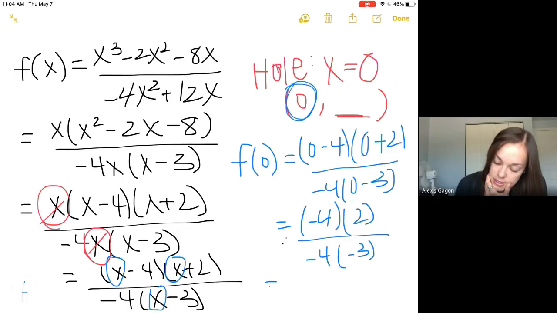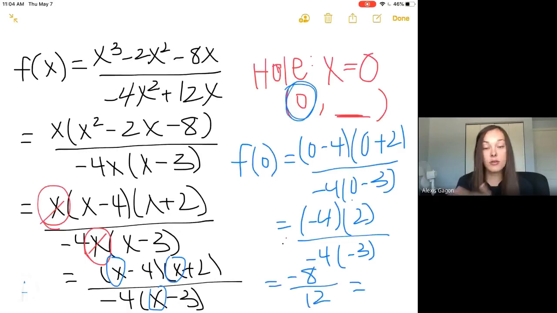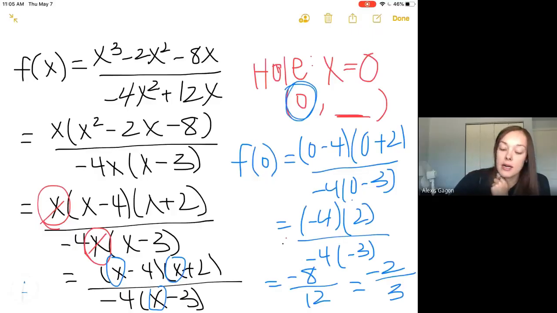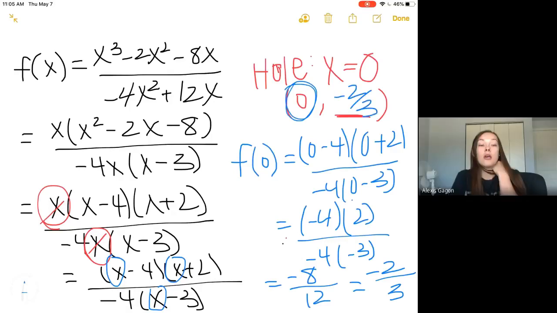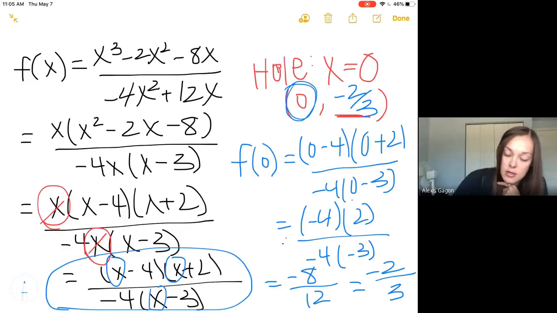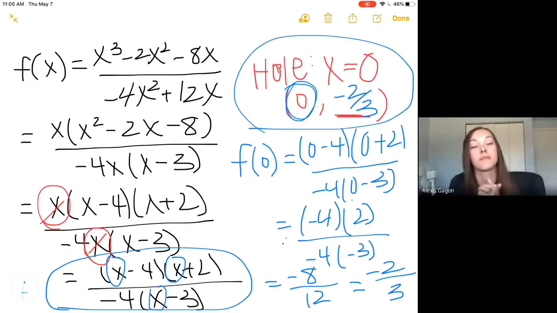On top, that's negative 8 over positive 12, which then reduces. 4 goes into 8 twice, and 4 goes into 12 3 times. So our point here is 0, negative 2. And that's all you do. So this is part of your answer, minus the blue in there, and then this is the other piece of your answer.